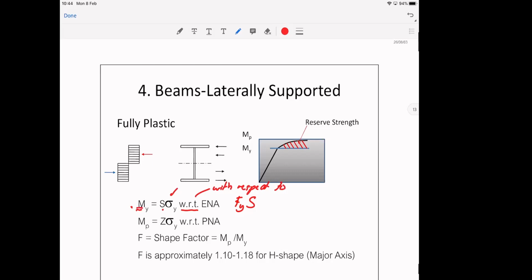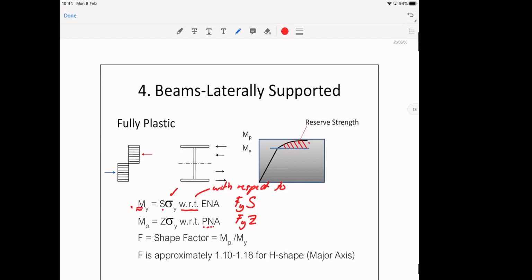And then you can have MP when you keep the loading going, and MP is equal to Fy multiplied by the plastic section modulus. This is with respect to the plastic neutral axis.